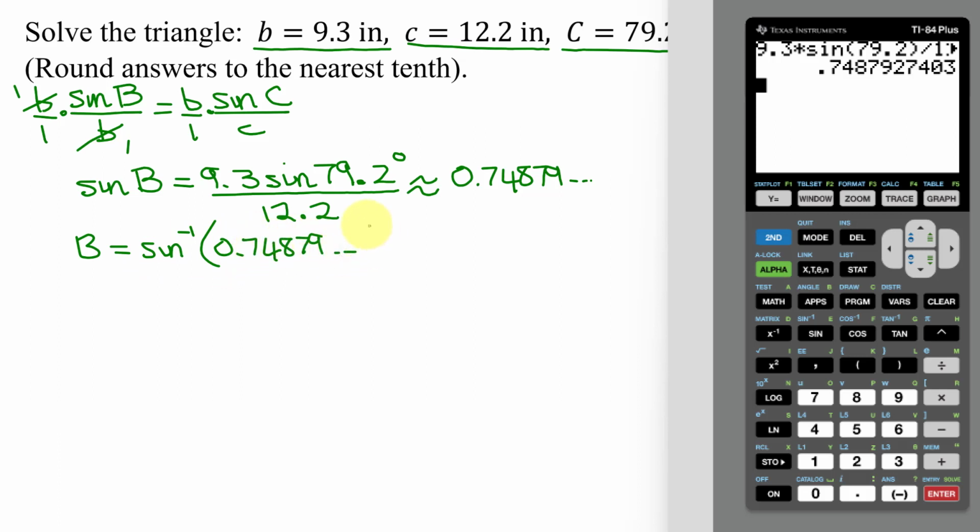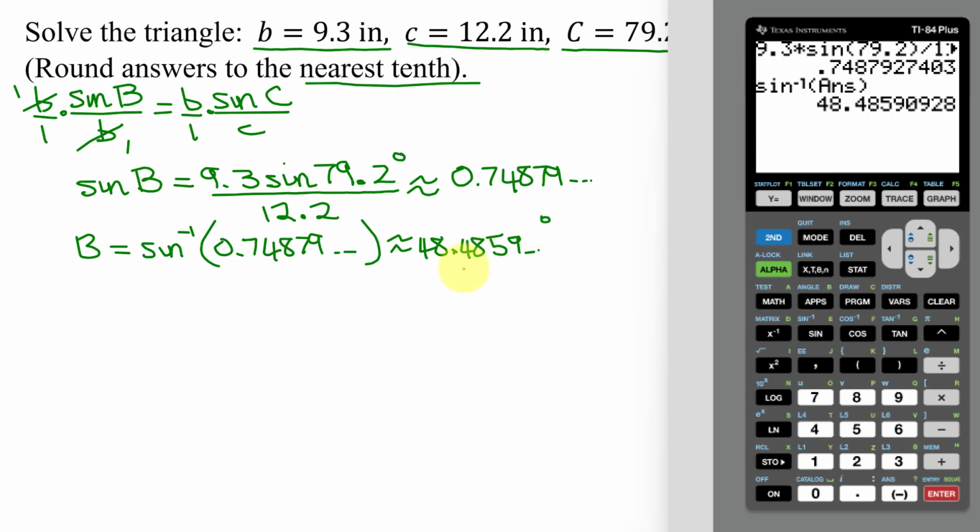Inverse sine is in blue above the sine key, so hit second sine. I don't want to type this in again. It's stored in the answer, so I'm going to hit second answer, close parentheses, hit enter. So B is approximately 48.4859, etc.